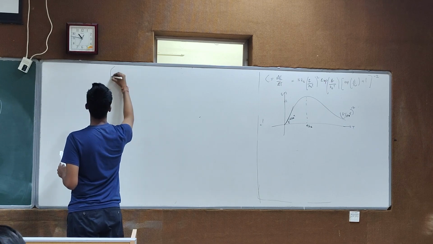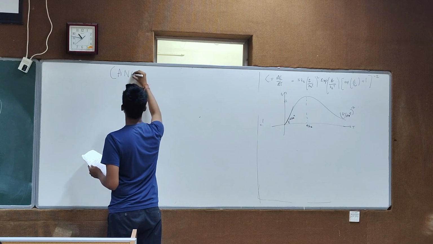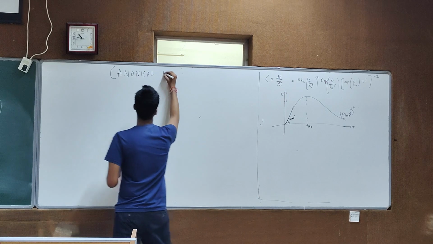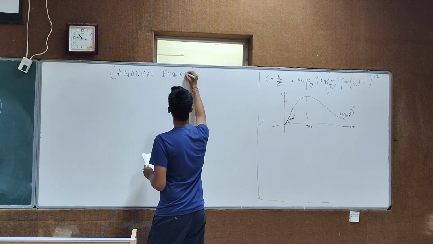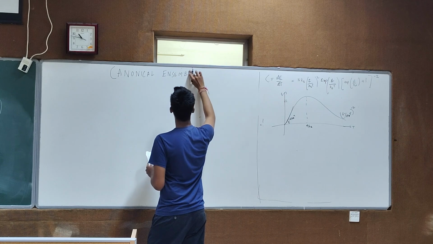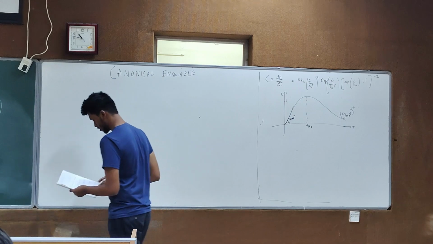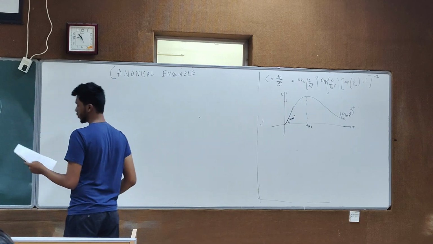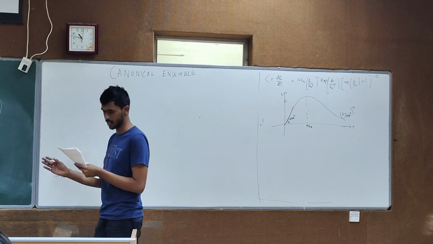So let's go to the next step in the lecture series, which is the canonical ensemble. So we know in the microcanonical ensemble, your energy is fixed in the total system.